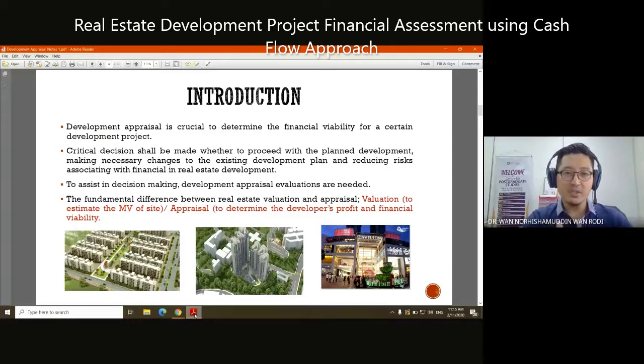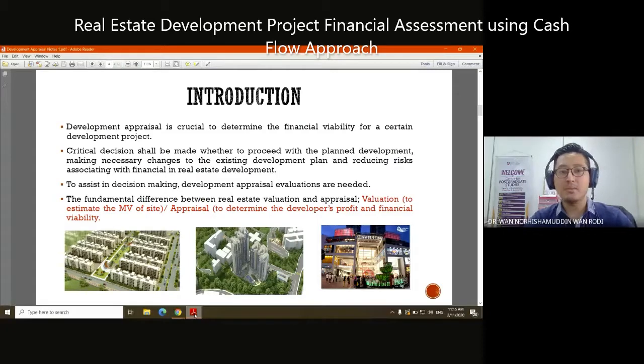So students need to remember this, because most exam questions or assessments normally do not give any indication whether you are going to conduct valuation or appraisal. So there are a few tips or keywords that can be used to determine whether the question is for valuation or appraisal.